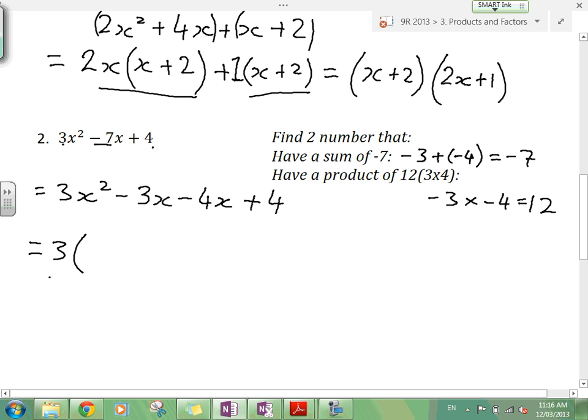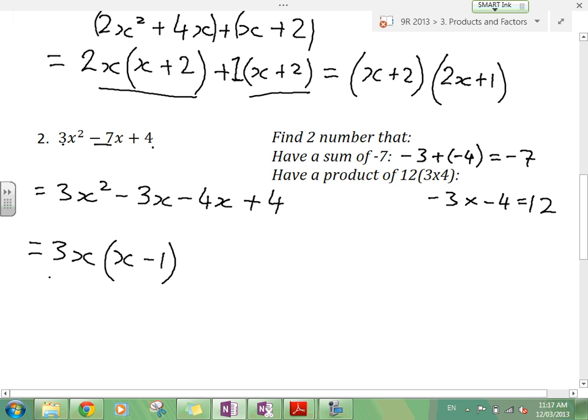And then what goes inside the bracket? The x. Yep. Good. x minus 1.